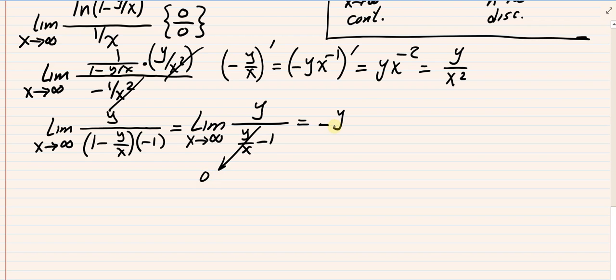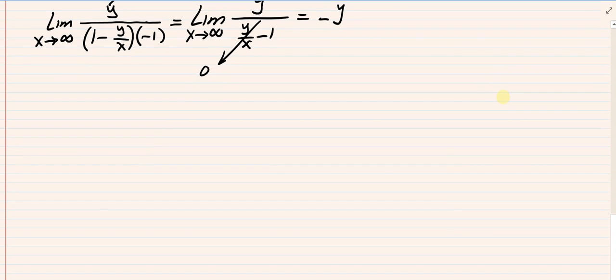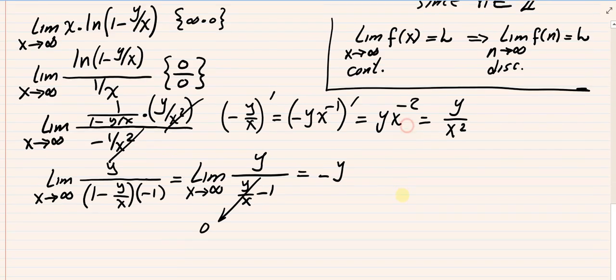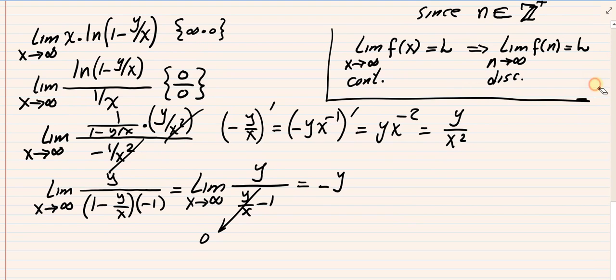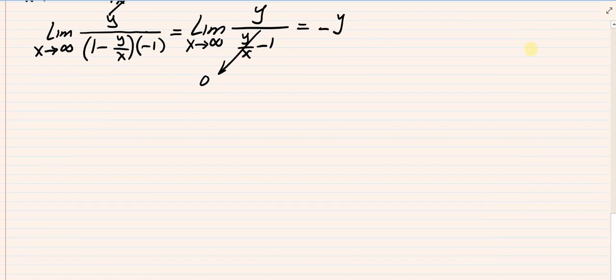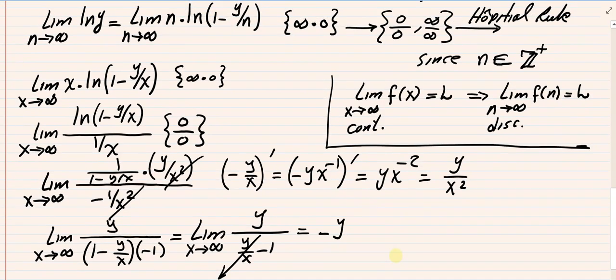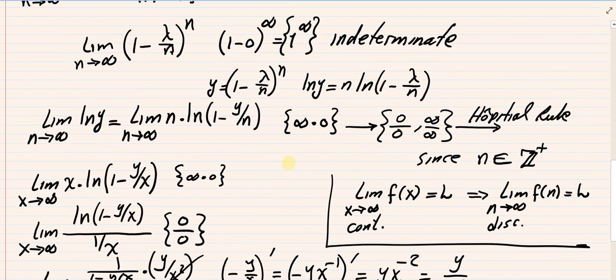Right? Now what we have found here is the limit of a natural log. But remember, this is x, so I need to go back to the variable n, a positive integer. So the limit of the natural log of y as n goes to infinity is going to be negative... In this case, I'm using y or lambda. Let me go back up here. Sorry. This is going to be lambda, right?